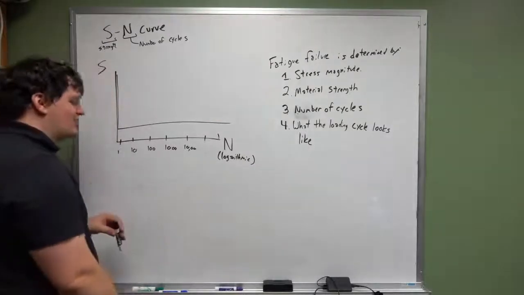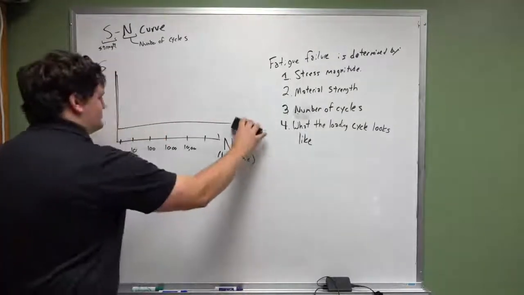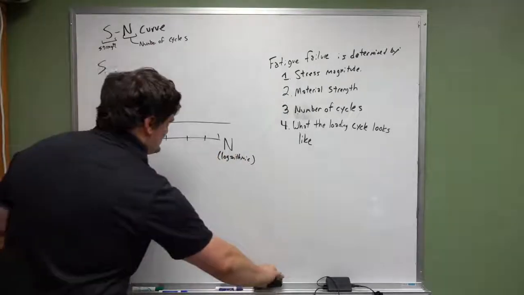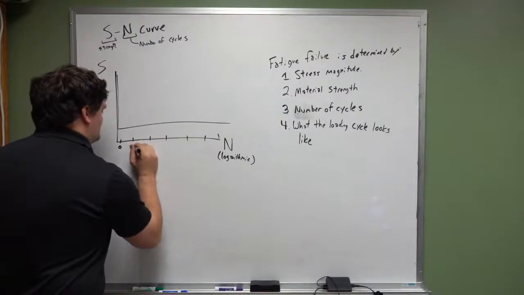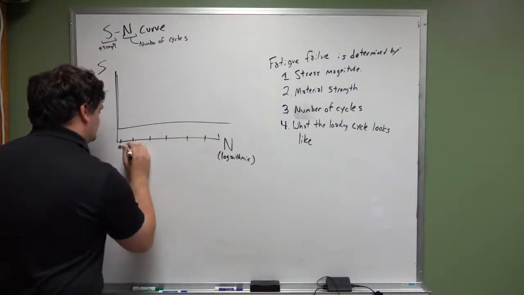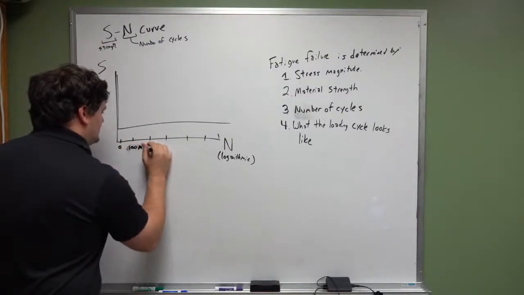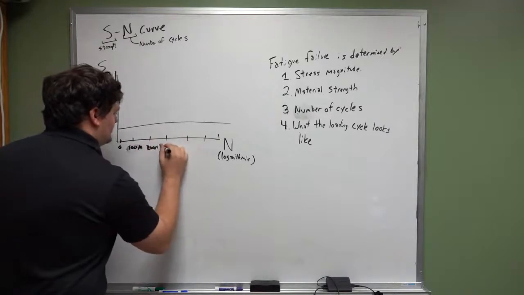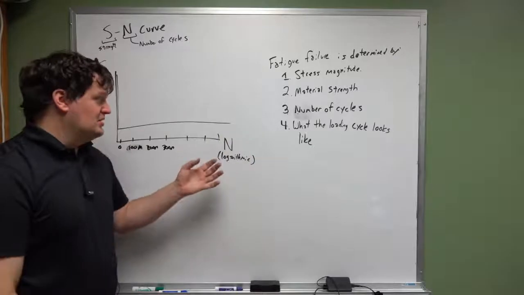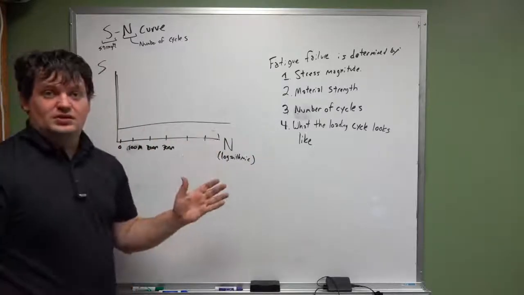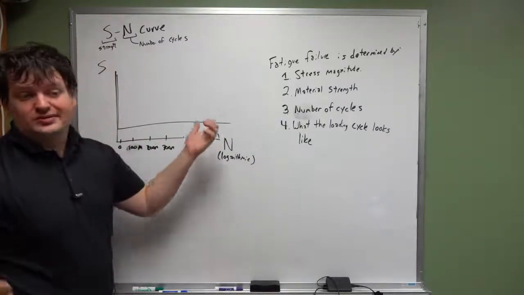Like, look, it's a straight line now. If this wasn't a logarithmic scale, say this was 0 and this was 100 million, 200 million, 300 million, and if we wanted to get out to a billion, your graph would look like this. And this doesn't tell you a whole lot of information, unfortunately.